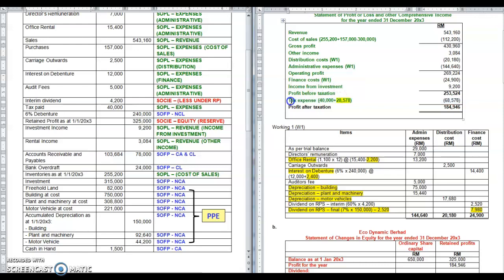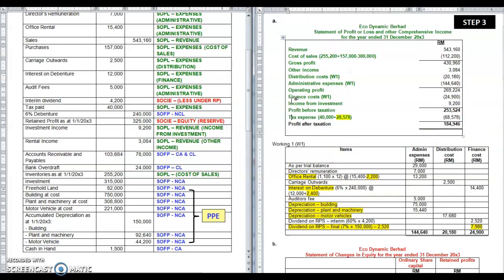Remember, since we are preparing SOPL on an accrual basis, you shall take the amount of the tax expense, not the tax paid. As you can see here in the trial balance, tax paid is 40,000.